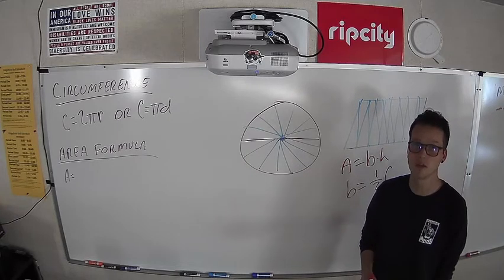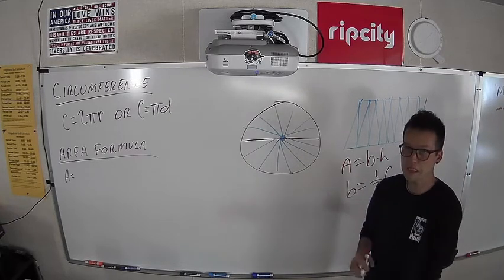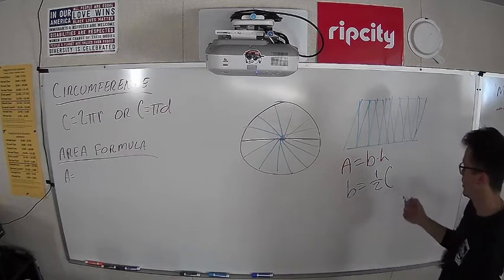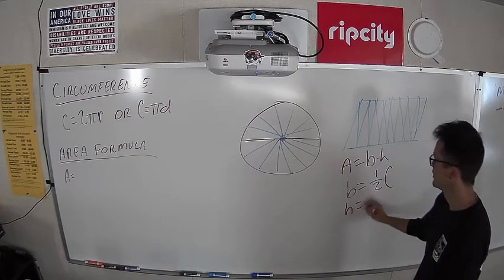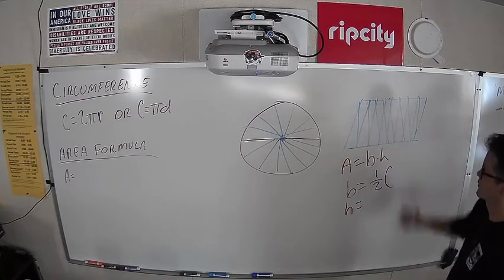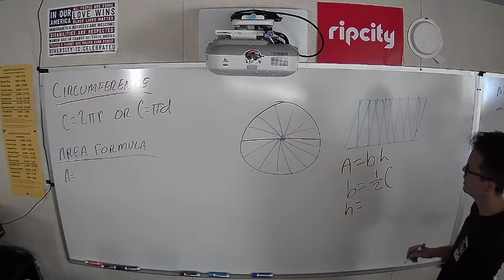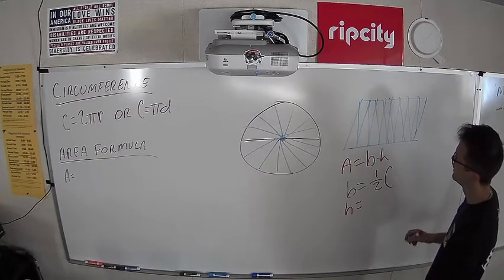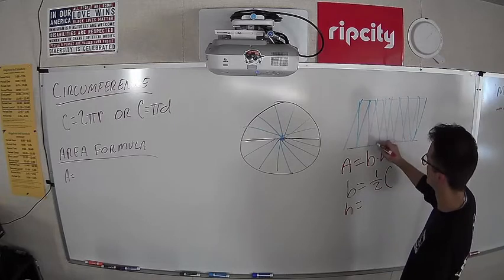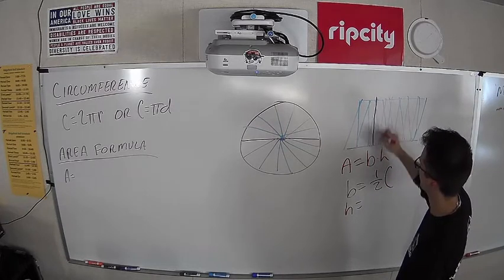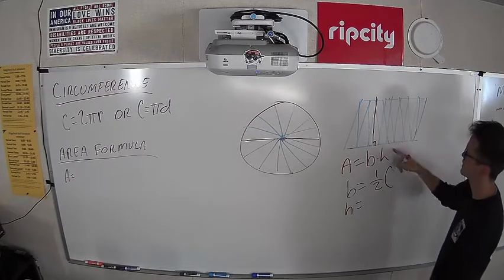We're just talking in general terms here, so just any circle ever. And the height of this parallelogram could be measured anywhere, just some right angle that connects the two opposite sides.